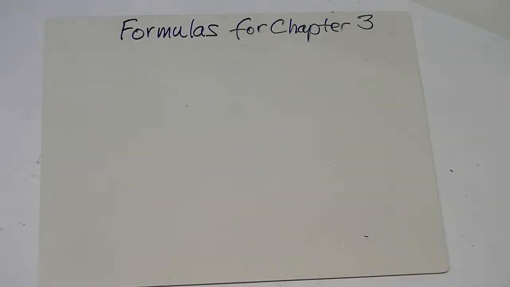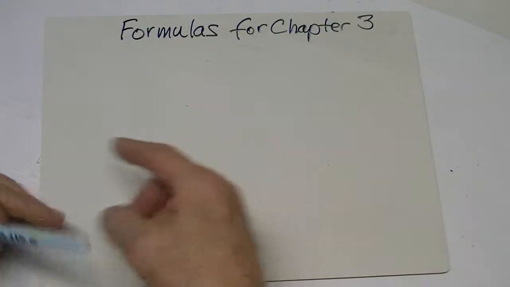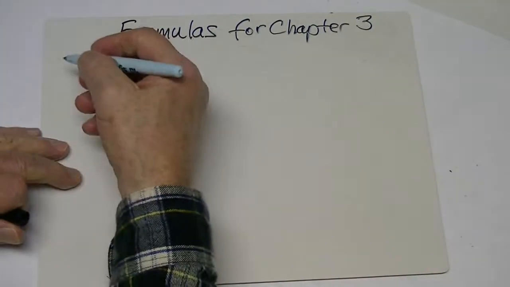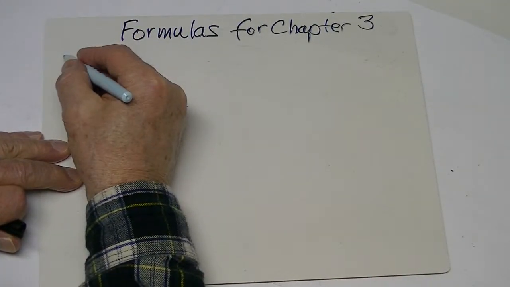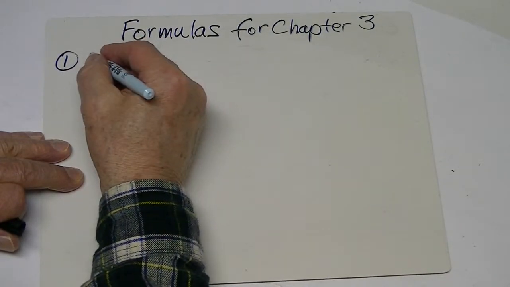Something that is very useful for Chapter 3 is a summary of the formulas that you find in Chapter 3. So we'll write them out here for you, and I would like you to copy them down.